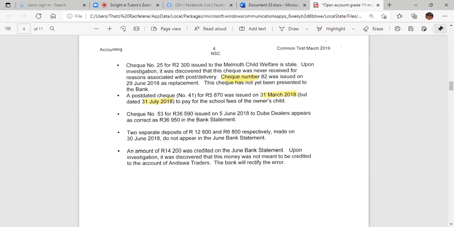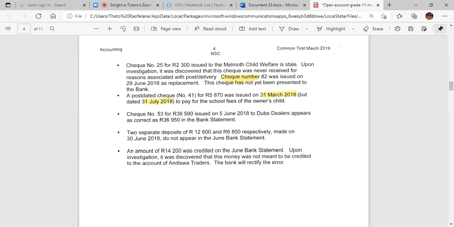As soon as I write that check, no matter how it's dated, even if it's dated in 2020, even if it's dated in 2008, I record it in the cash payments journal.